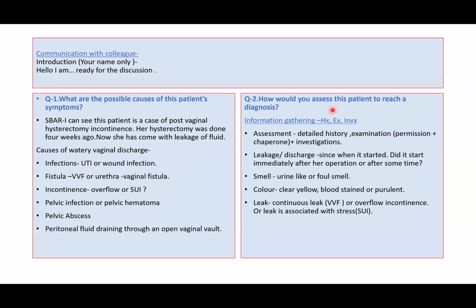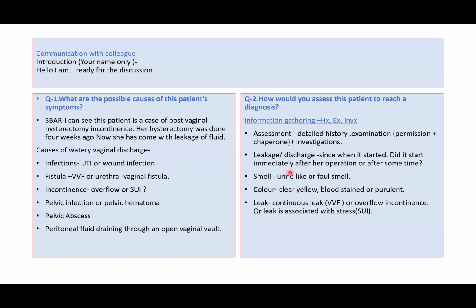How would you assess this patient? Assessment is always history, examination, investigations. For the assessment, I have to take a detailed history from the patient and offer examination with her permission and in the presence of a chaperone, and then request the relevant investigations. Regarding the leakage or discharge, I would like to know when it started.